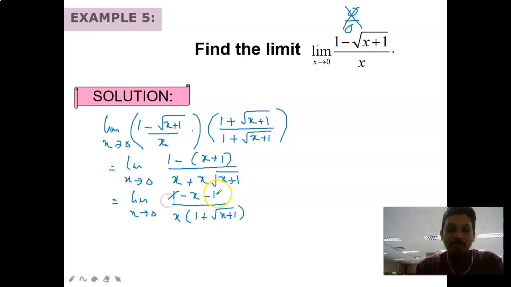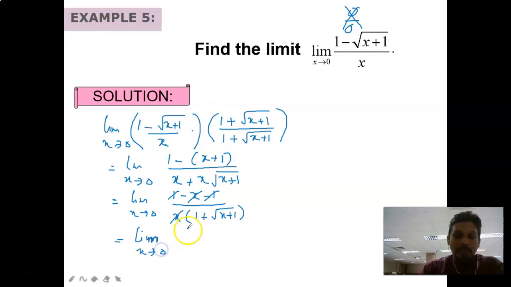So 1 minus 1 equals 0, and then negative x divided by x. Then they give us the limit as x approaches 0 of negative 1 divided by 1 plus square root of x plus 1.